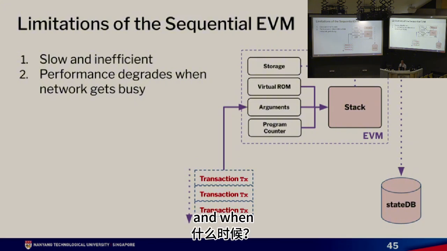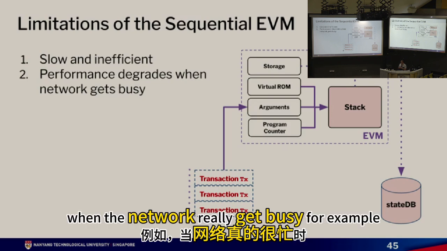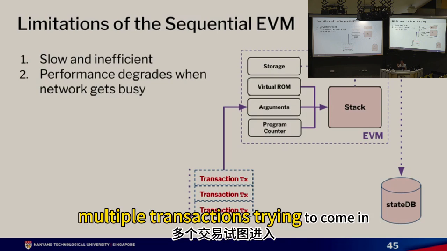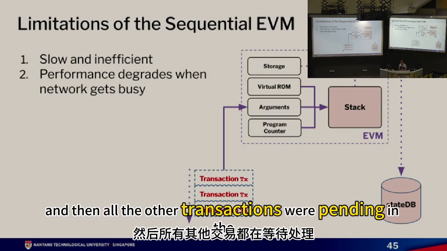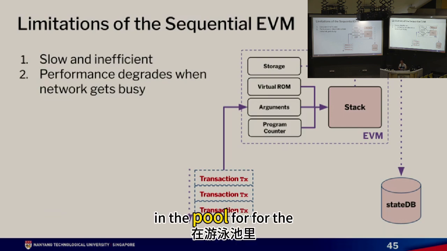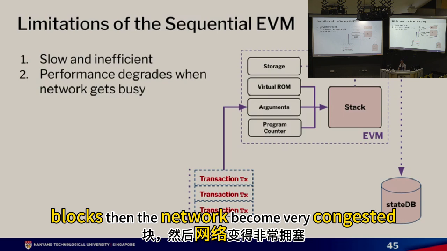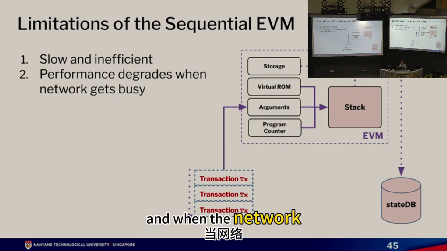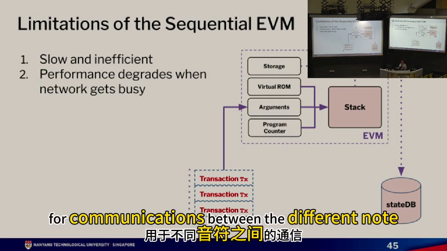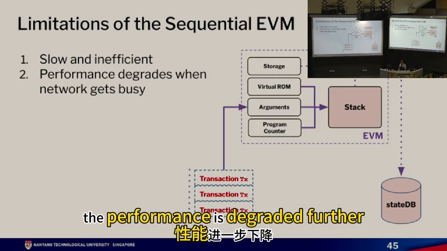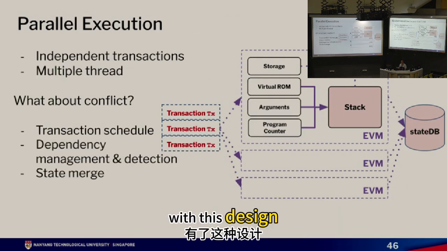When the network really gets busy, for example, with multiple transactions coming in, all the other transactions are pending in the pool, waiting to be inserted into the next blocks, and then the network becomes very congested. When the network is congested, there is a lot of redundant communication between the different nodes. That's where the performance is degraded further with this design.